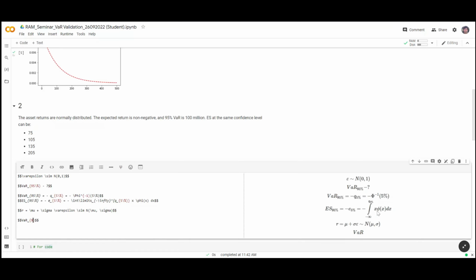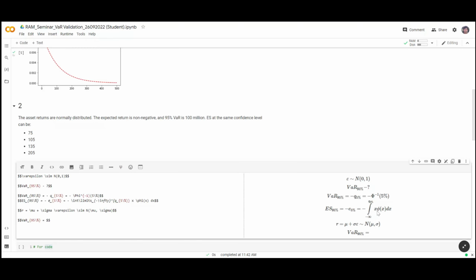So here I can easily write it down like this.